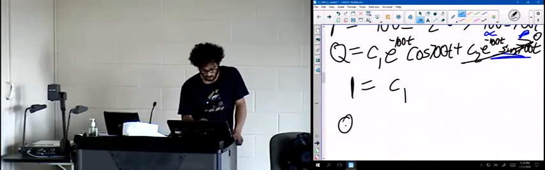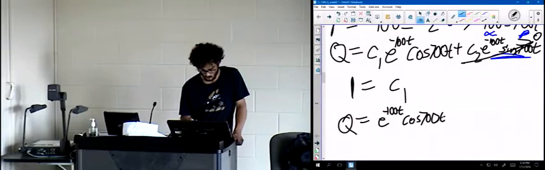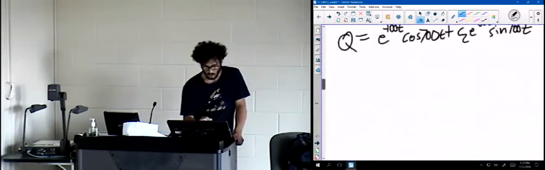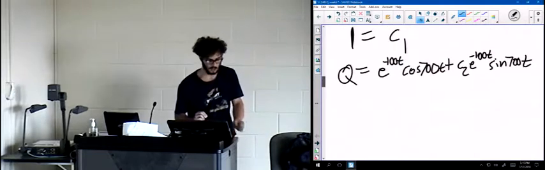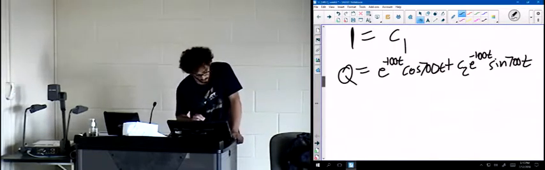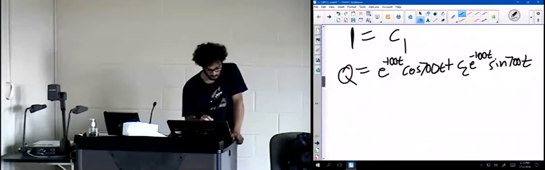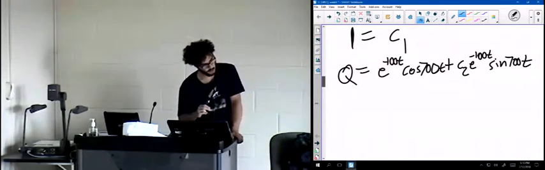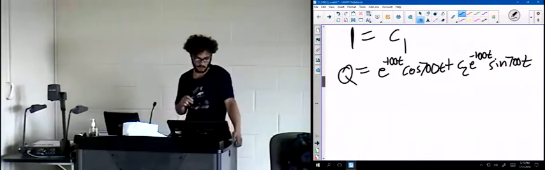Maybe we can look at this equation now. And now, what we have to do to find the charge, I'm sorry, not the charge, what we have to do to find the current is take that derivative, like I was saying. Current is simply the flow of charge.